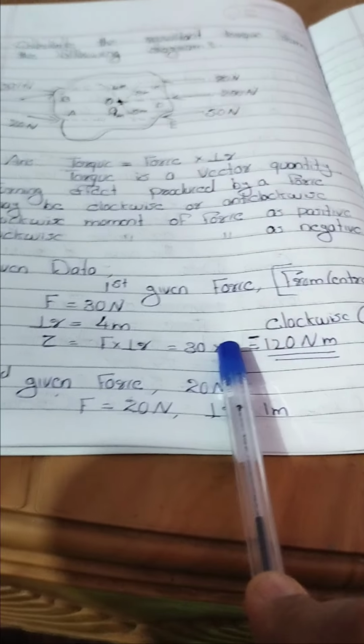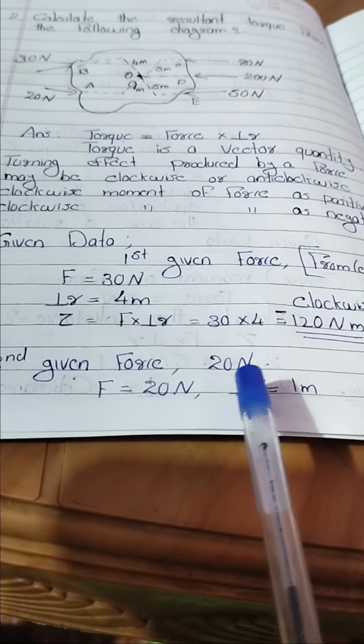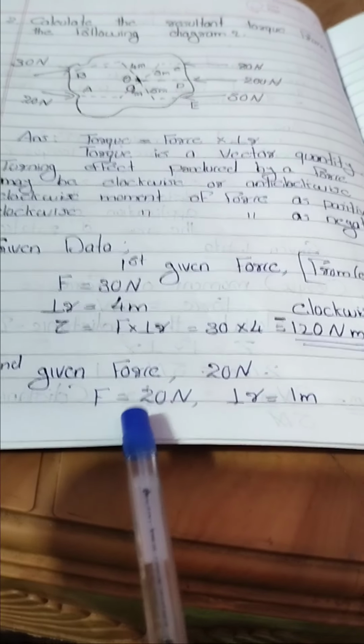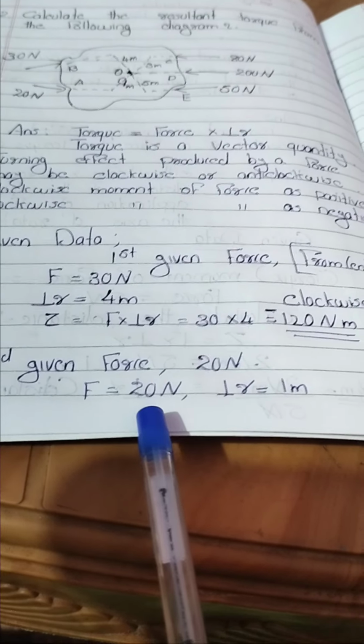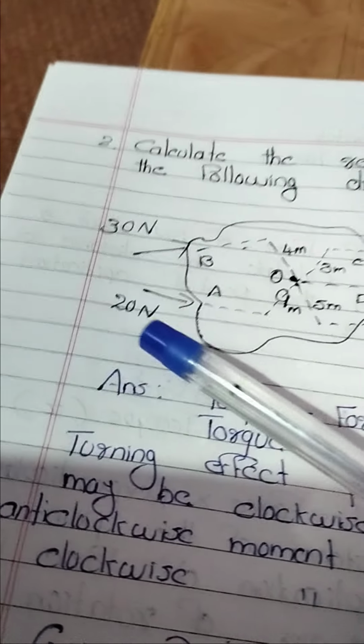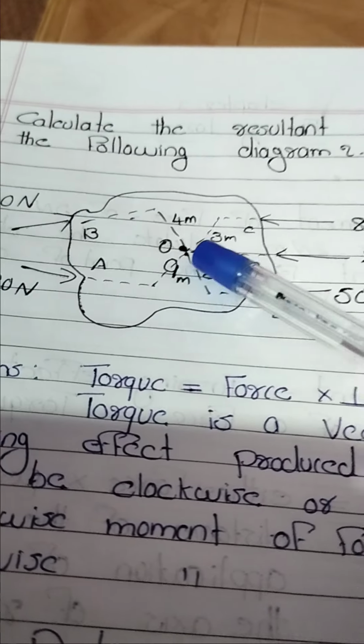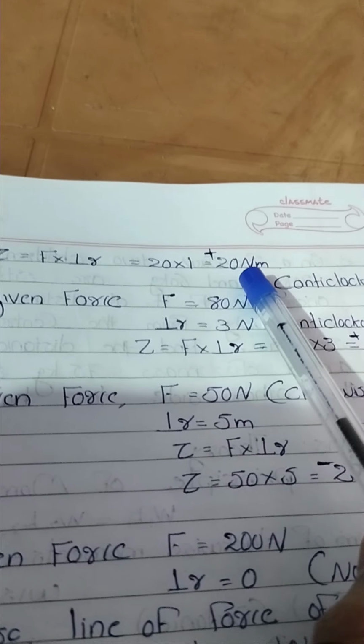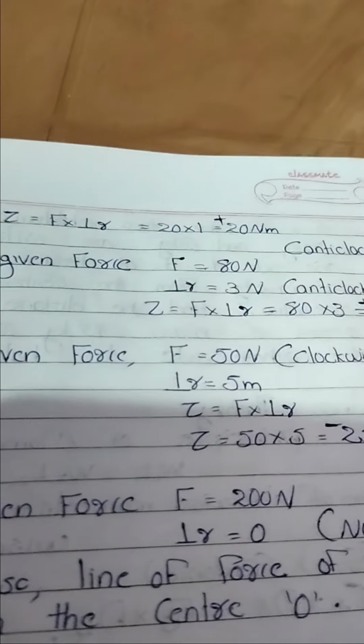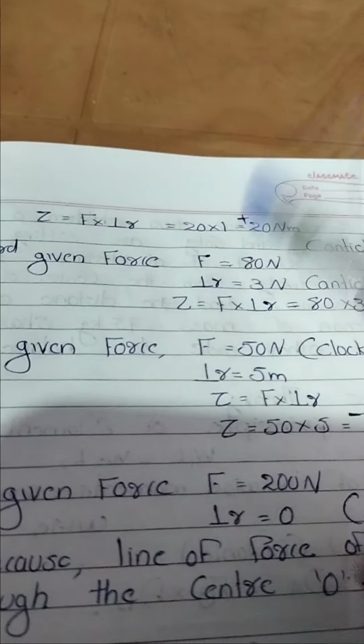Okay. Next, the given force is 20 Newton. What is the expression? Force into perpendicular distance. That means 20 into 1. The perpendicular distance of 20 Newton is 1 meter. So 20 into 1, torque equals 20 Newton meter. That is the magnitude. The sign means direction.